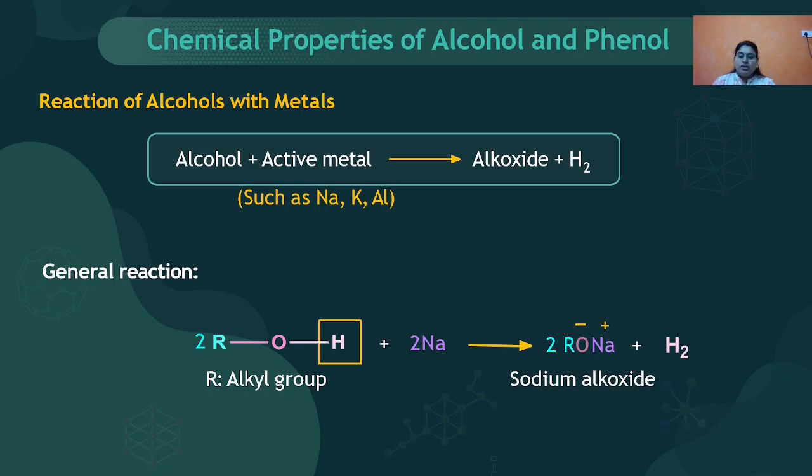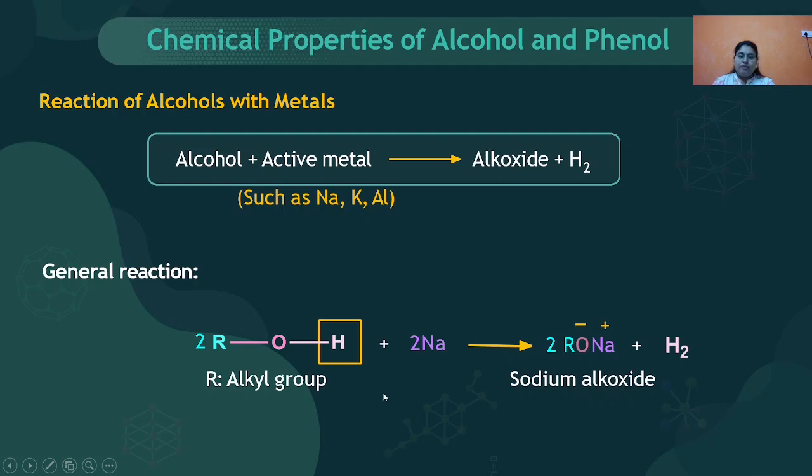When 2 moles of alcohol are treated with 2 moles of sodium, the hydrogen from the alcohol gets separated and is liberated in the form of a gas. Hydrogen is one of the byproducts formed at the end of the reaction. After the hydrogen is eliminated from the alcohol, sodium occupies the place of the hydrogen in the alcohol group and forms sodium alkoxide.